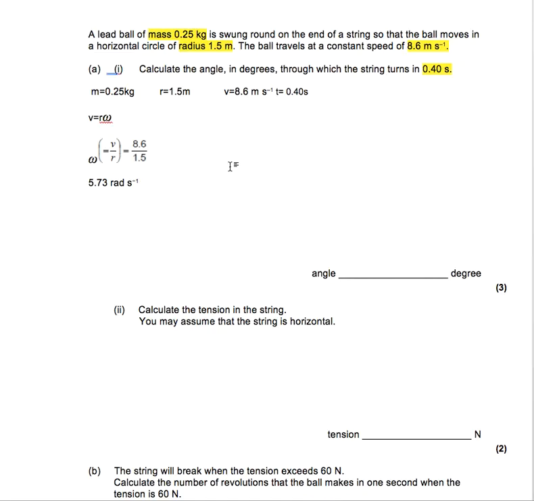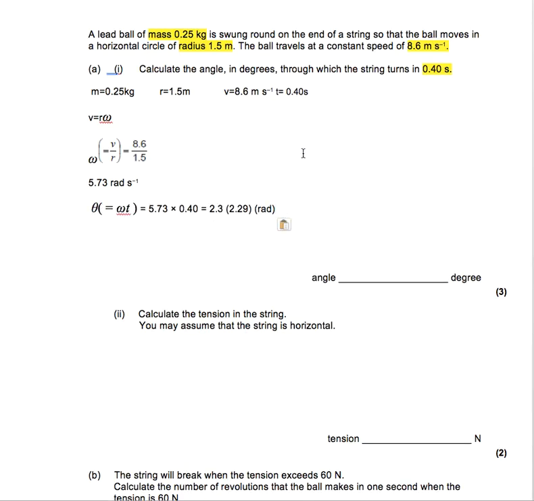So I know how many radians per second, I know how many seconds. So my angle is omega times t, which gives me 2.29 radians.